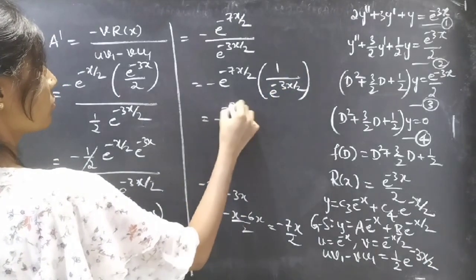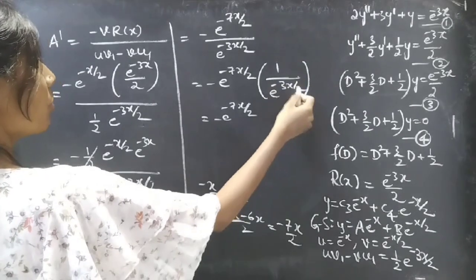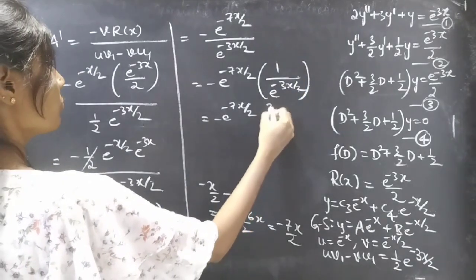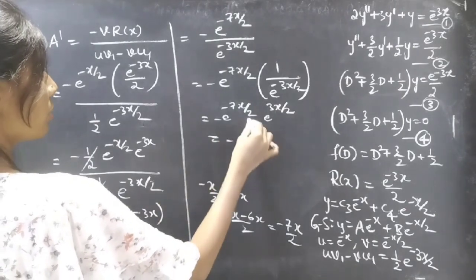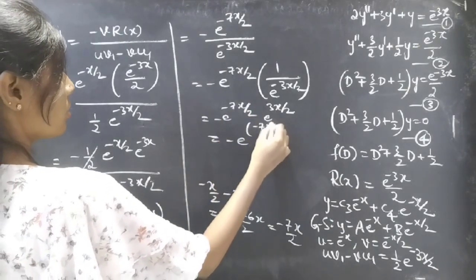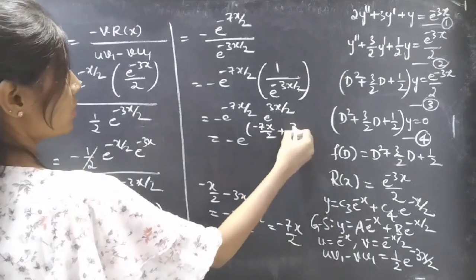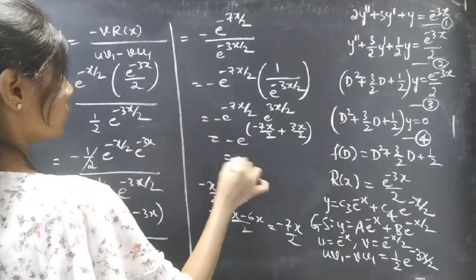Reciprocal of e power minus 3x by 2 is e power 3x by 2, right? This gives us e power minus 7x by 2 plus 3x by 2.